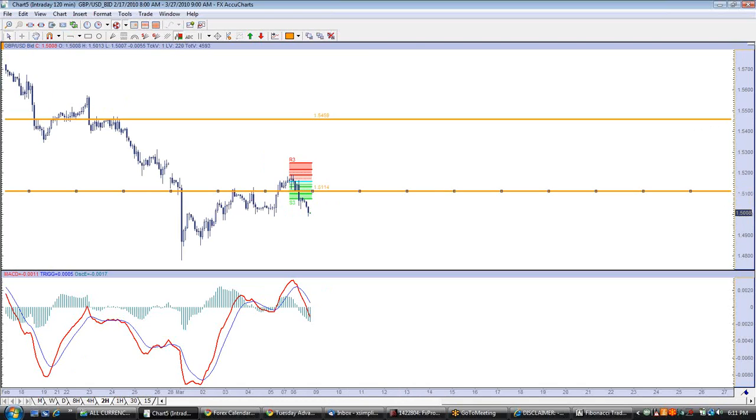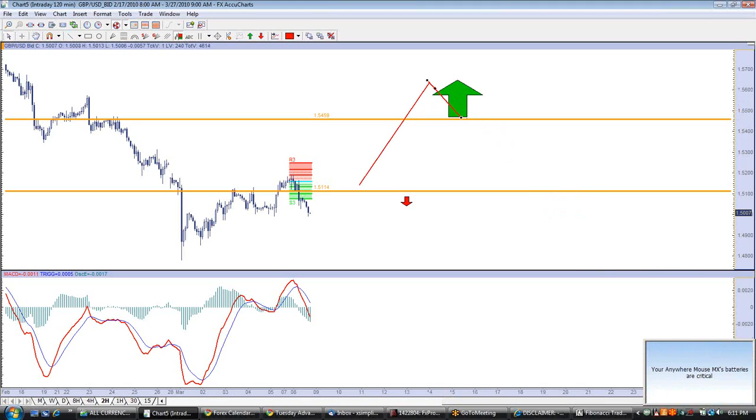So we can either try to buy the bottom of the consolidation, sell the top, or we can wait for breakout and then trade from the bounce.